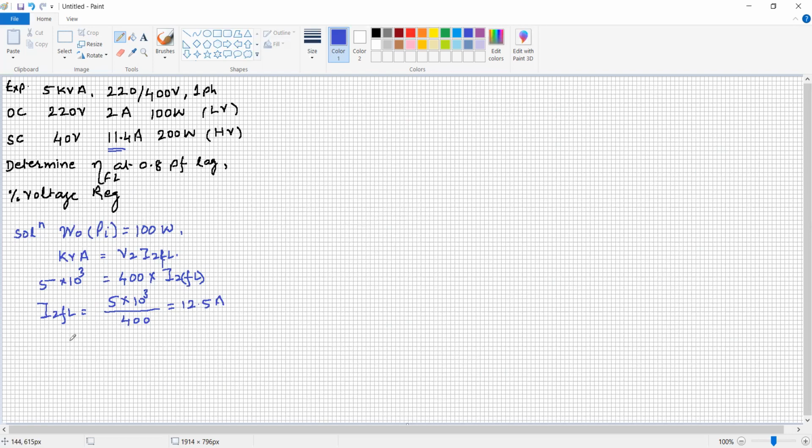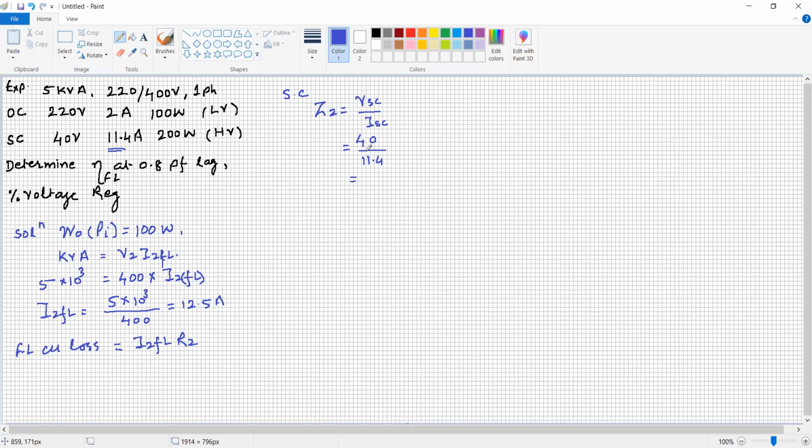So first of all, we will calculate the full load Cu loss, which is I2 full load squared into R2. Now this R2 we don't know. So from the equivalent parameters, from the short circuit test, we find it. Z2 is equal to VSC upon ISC, which is 40 divided by 11.4.